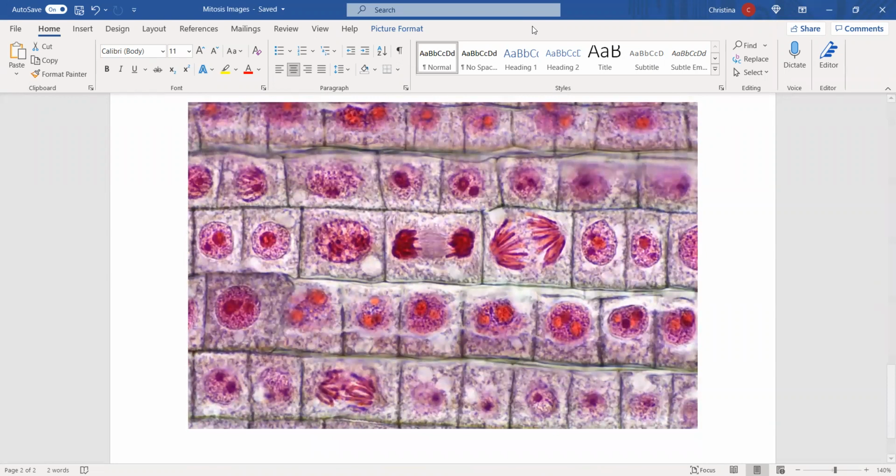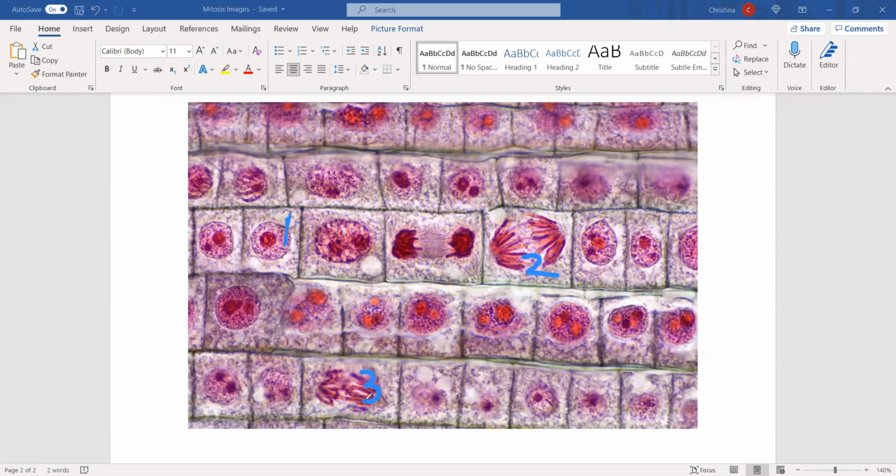Okay, and this one again, I'm going to make a mark or a number on a cell, and I want you to tell me what phase it is. So number 1, can you see that? Number 1 would be interphase. Let's do number 2. 2 would be anaphase.